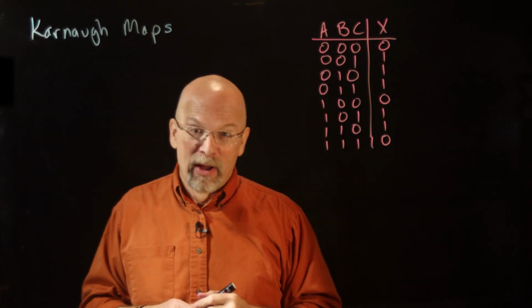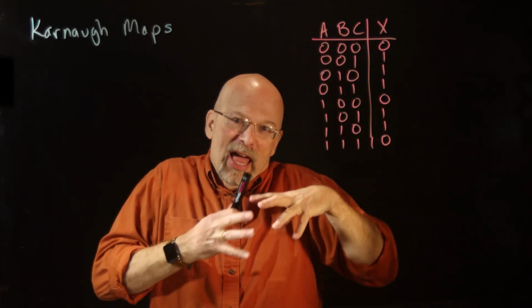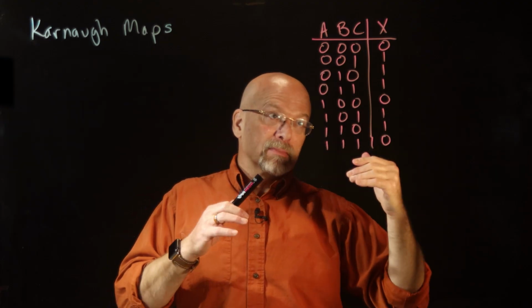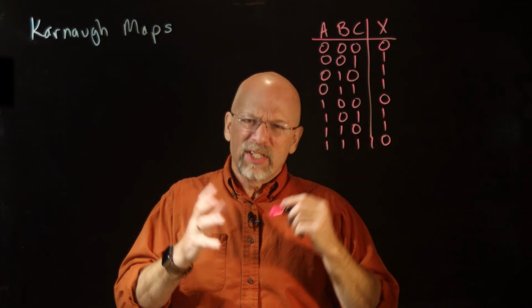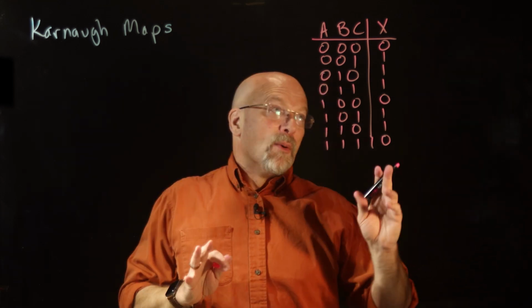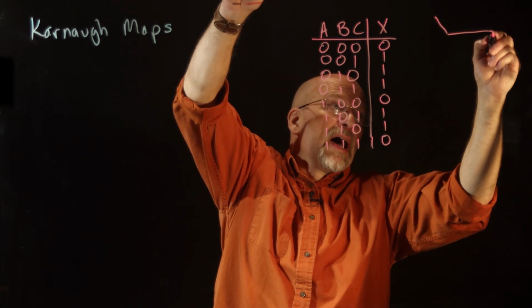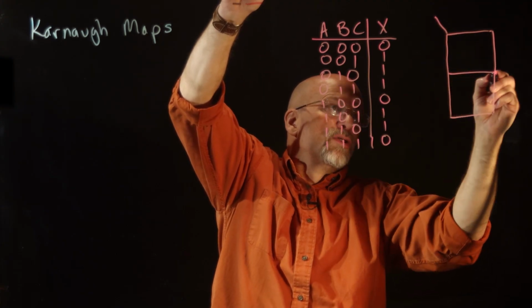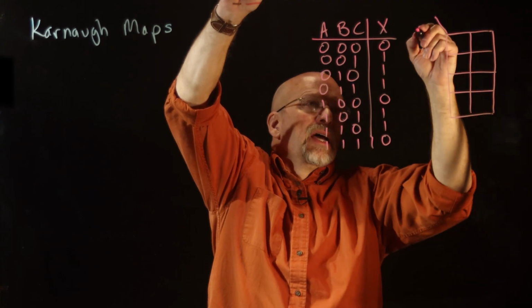Now, remember, the goal was to take this truth table and rearrange the rows so that we set up the ones that are going to simplify into simpler products next to each other. Now we're going to do our Karnaugh map, in the fashion that we'll use for the rest of this topic.